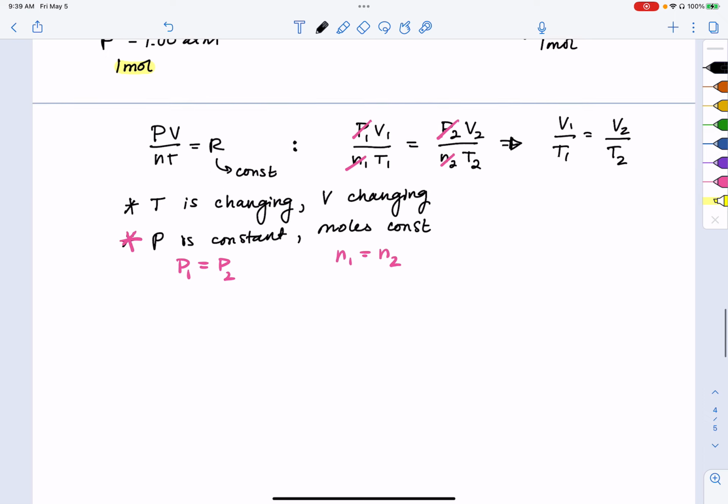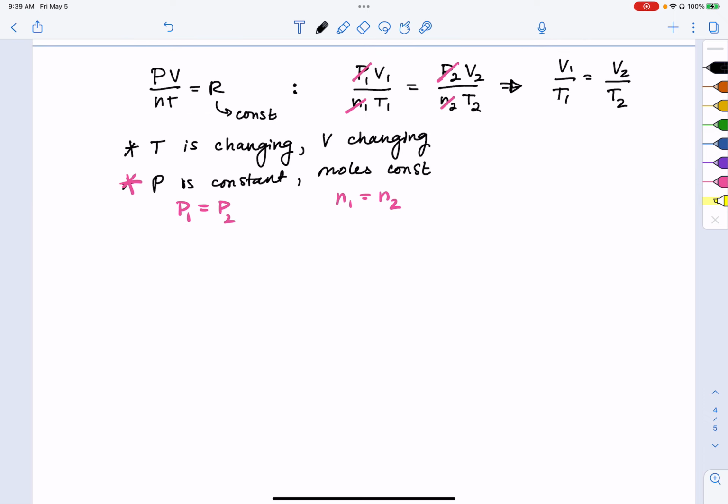Hey, this is one of those non-pressure gas relationships that we derived using common sense on Wednesday. So this is why I like to use the ideal gas law for kind of every gas problem where it's relevant, because I can always get the more simple gas relationships from the one that includes everything, the ideal gas law.